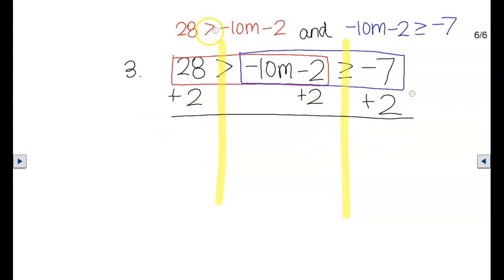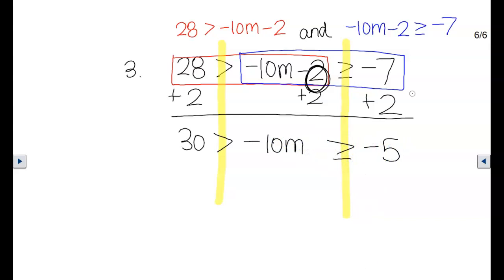Now see, if I were solving this up here, I would have to add 2 to both sides. If I were solving this over here, I would have to add 2 to both sides. So I'm just getting it all done at one time. So these cancel each other out right here. So I have 30 is greater than negative 10m, which is greater than or equal to negative 5.